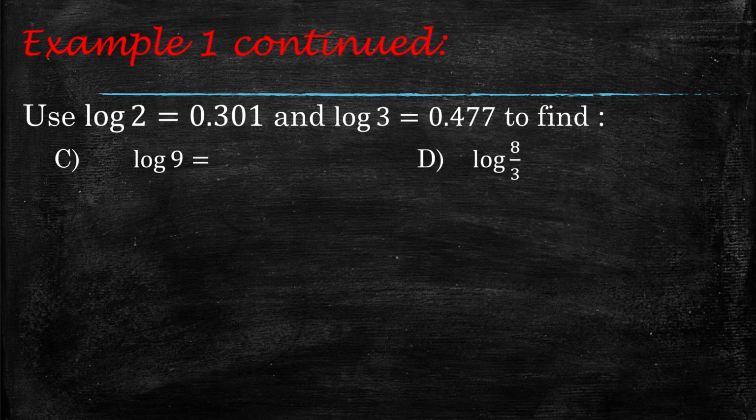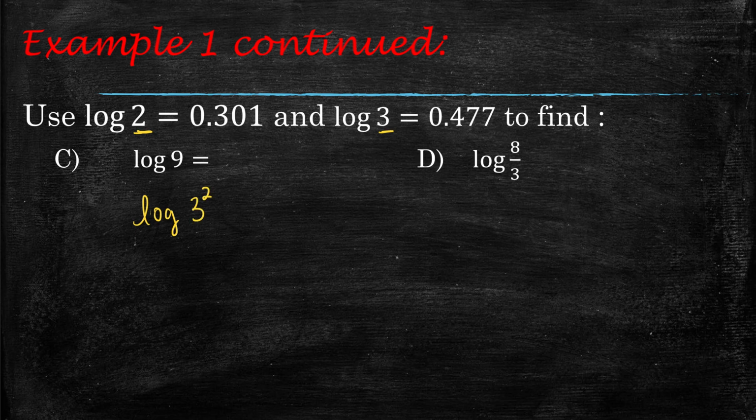All right, using the same logs, log of 2 and log of 3, let's find the log of 9. Well, one way that we can write log of 9 using a 2 or a 3 is we can say log of 3 squared.